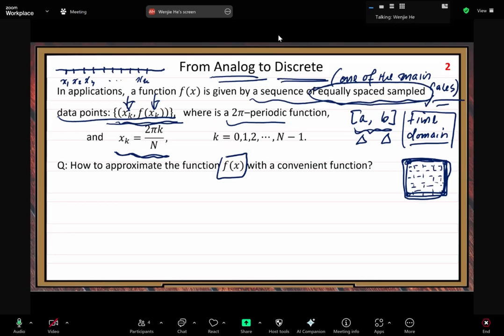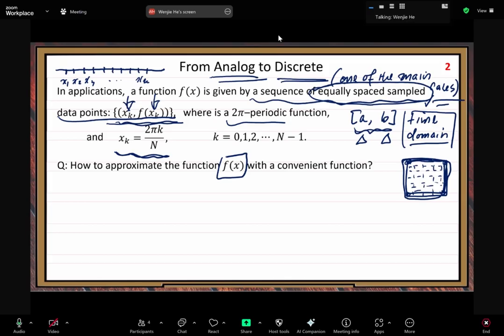So we need to choose an appropriate function to represent the data. That function we can call the modeling function.